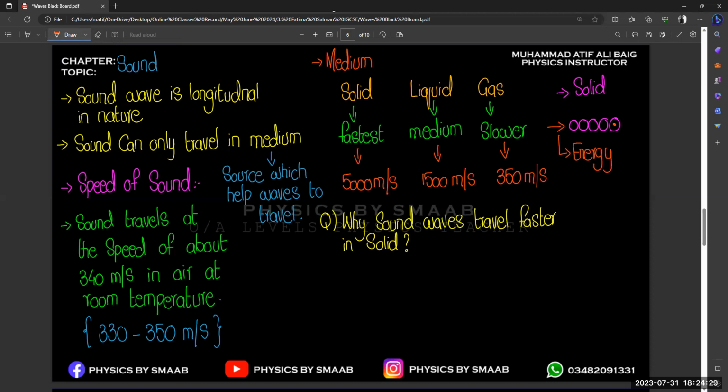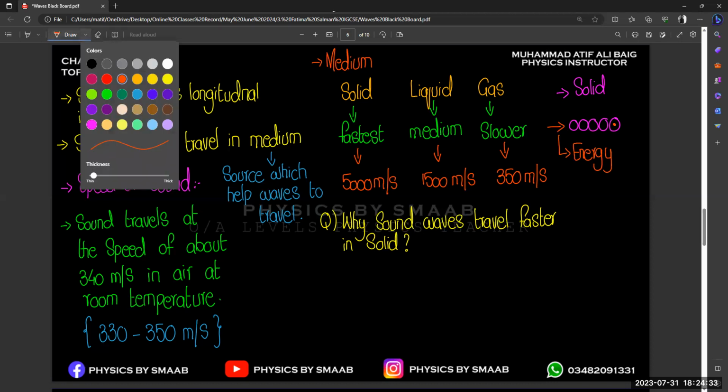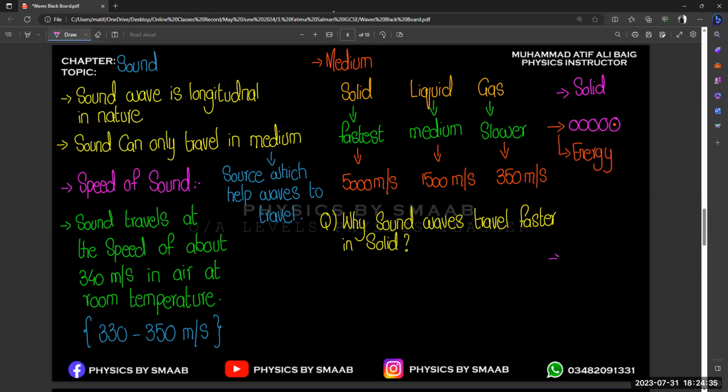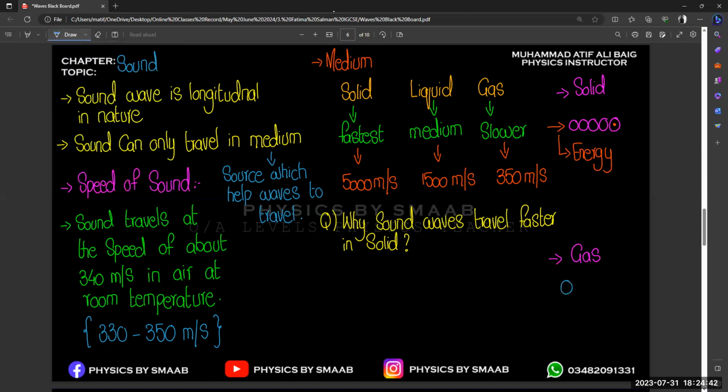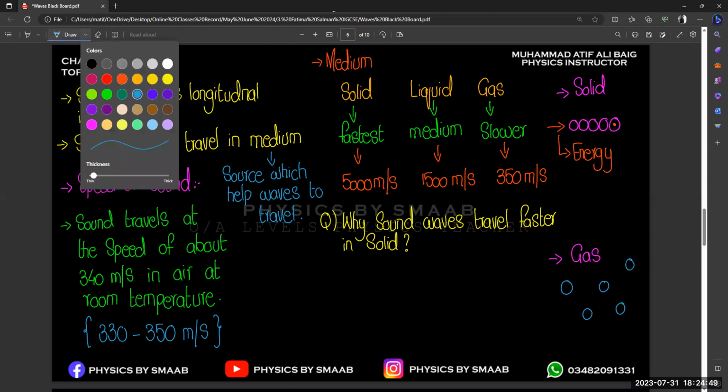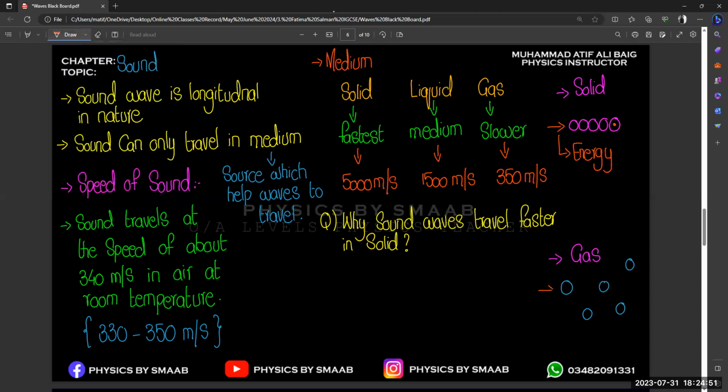In comparison, if we take a liquid or gas, the molecules are far apart, or in an irregular pattern from each other, like this. Now, if you want to transfer energy from the left-hand side to the right, one problem is that the pattern of the molecules is irregular.